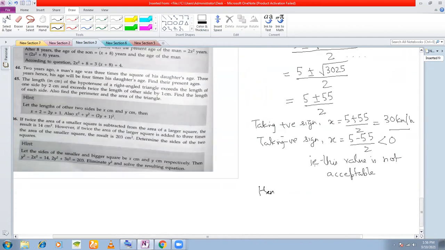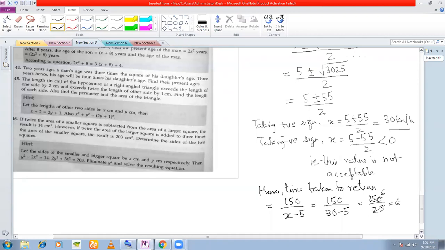Hence, time taken to return is equal to 150 by 30 minus 5, which is 150 by 25. Cancel, you get 6 hours. So 6 hours is the time taken for the return journey.